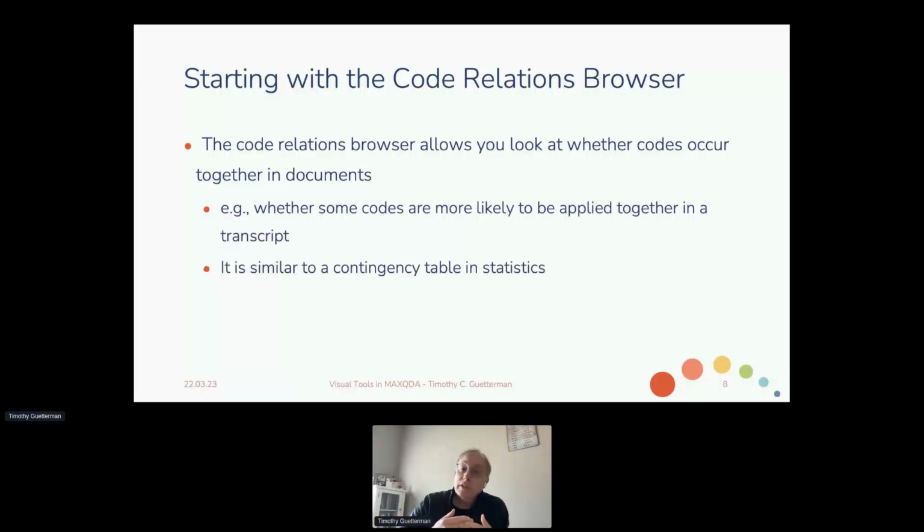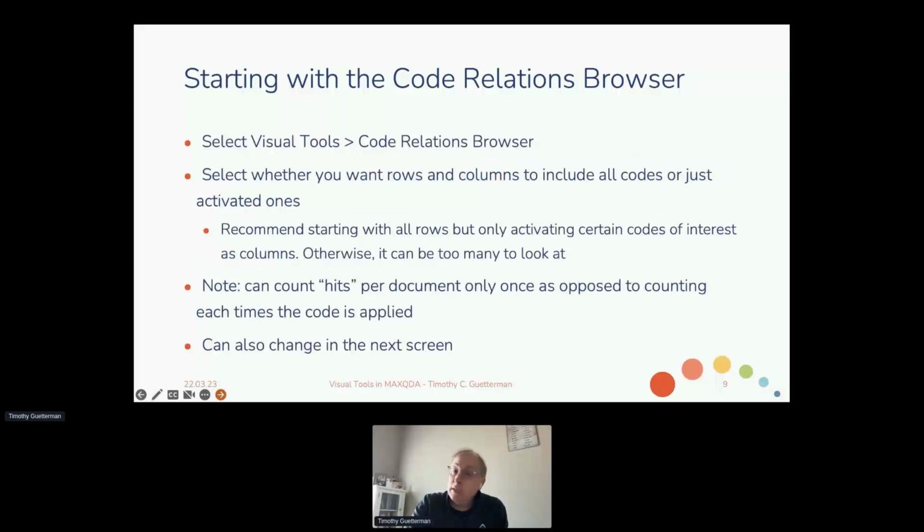Now we can also look at proximity. So rather than overlap, we can look at whether codes are applied next to one another, say within a paragraph of one another. And we'll look at some of those options when we're actually looking at this tool. So this is under visual tools. You'll find the code relations browser. And then at this point, you have a choice of what you want to array as your rows and what you want to array as your columns.